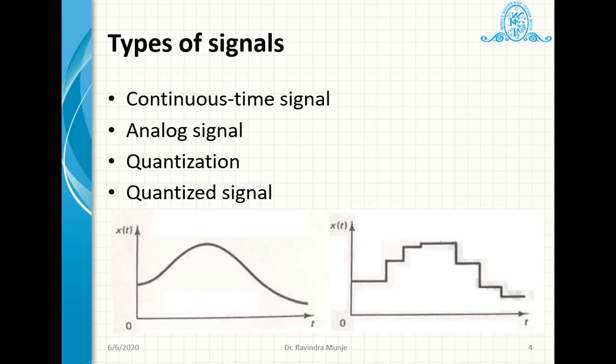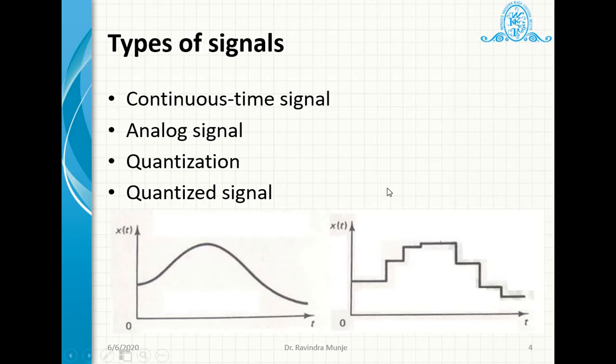Now what is a quantized signal? Before that we need to understand what quantization is. Quantization is the process of representing a variable by a set of distinct values. The values obtained by the process of quantization are called quantized values.